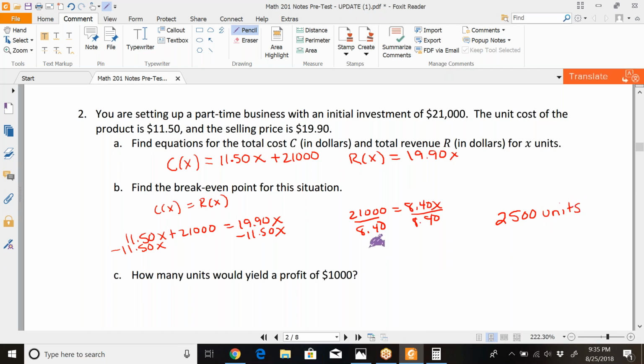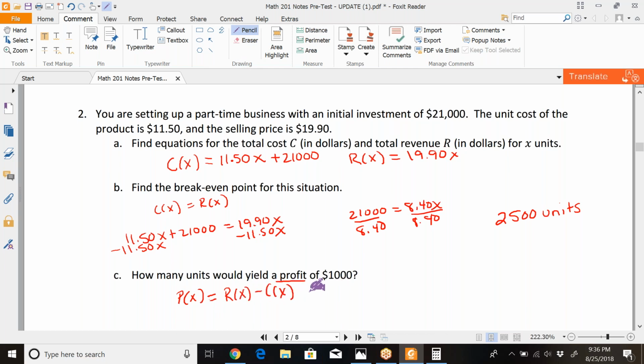Okay, part C says how many units would it take to yield a profit of $1,000? To know that, you have to know the profit function. The profit function, P of x, is the revenue function minus the cost function, because you have to have more revenue than cost to make a profit.